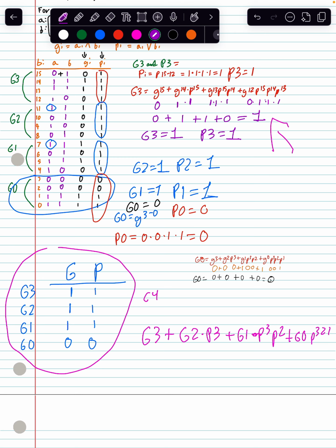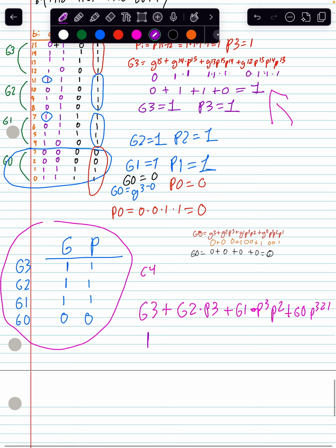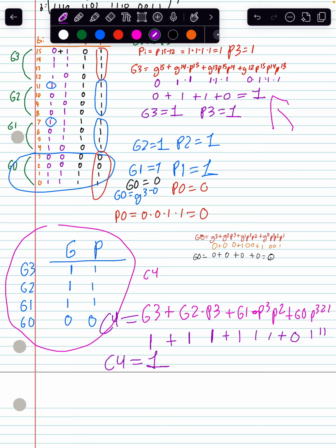And the values of these: this is a 1 and G2, it's a 1, that's a 1. It's a 1, 1, 1, and this is a 0, 1, 1, 1. So from this, we know instantly that C4 is equal to 1 because of this step. And so our answer is C4 is equal to 1 for this problem.